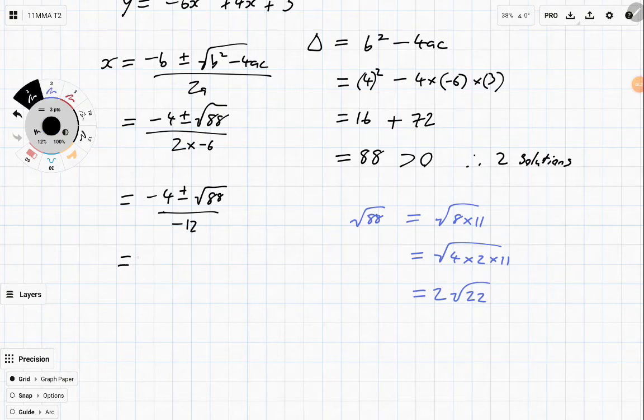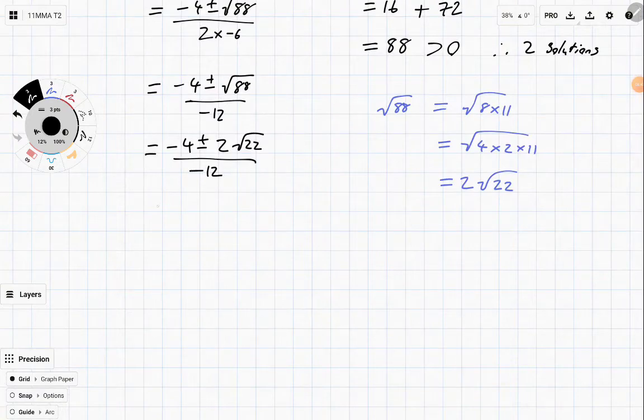So we've got minus 4 plus or minus 2 root 22, all over negative 12. Now 4, 2, and 12 all have a common factor of 2, so we can cancel that out. Left with minus 2 on the top, plus or minus the square root of 22, all over negative 6.